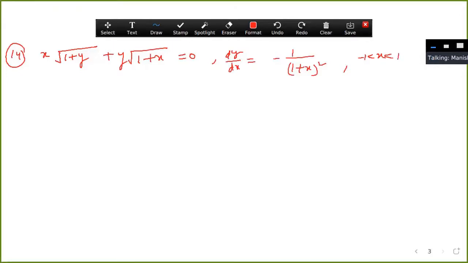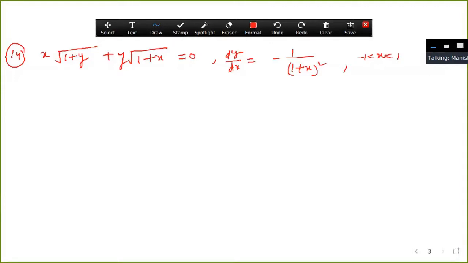If you start this question directly by taking the derivative of the function, it is difficult to find the value of dy upon dx as given in the question, minus 1 upon (1 plus x) whole square. In this question, you have to apply a technique.